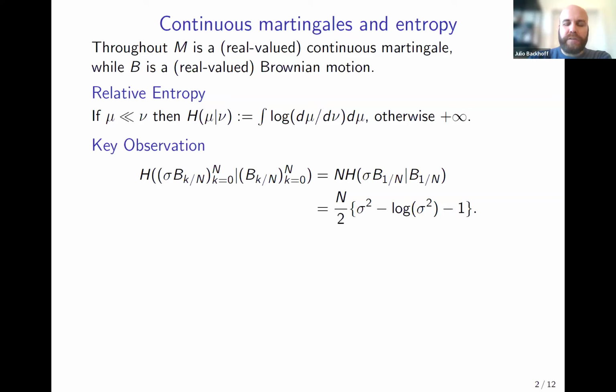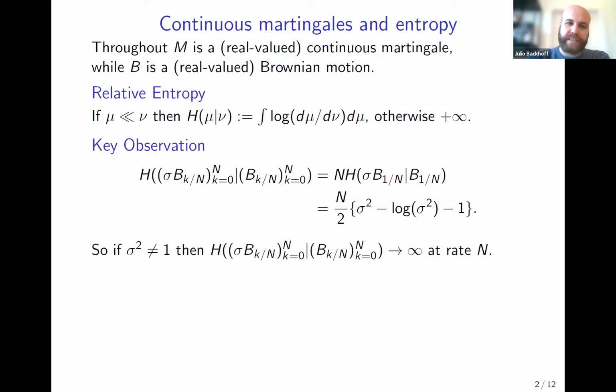And what we learn from this is that if we refine the time grid, so if we send capital N to infinity, we observe that in case the expression in parentheses is non-zero, then this relative entropy goes to infinity at the rate n. And it turns out the expression in parentheses is exactly 0 if sigma squared is 1.